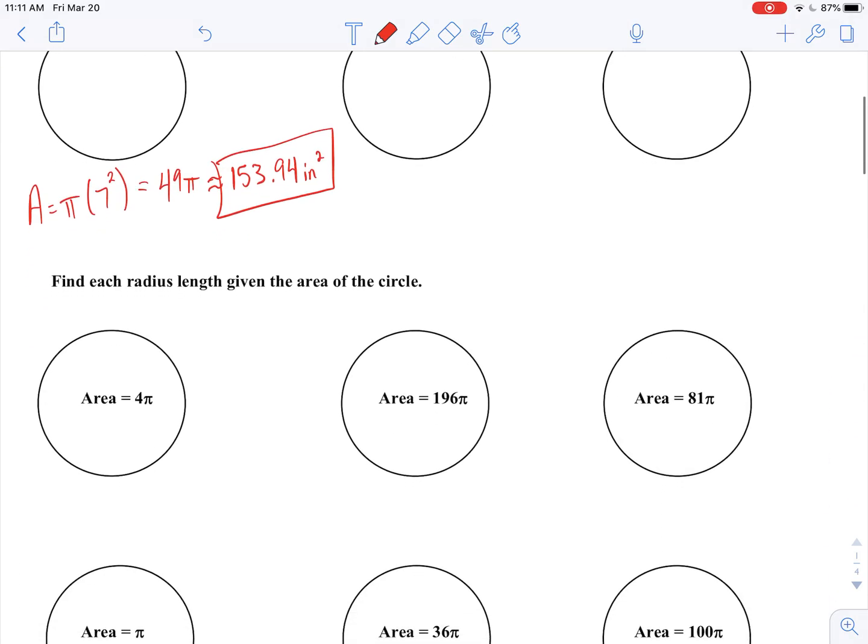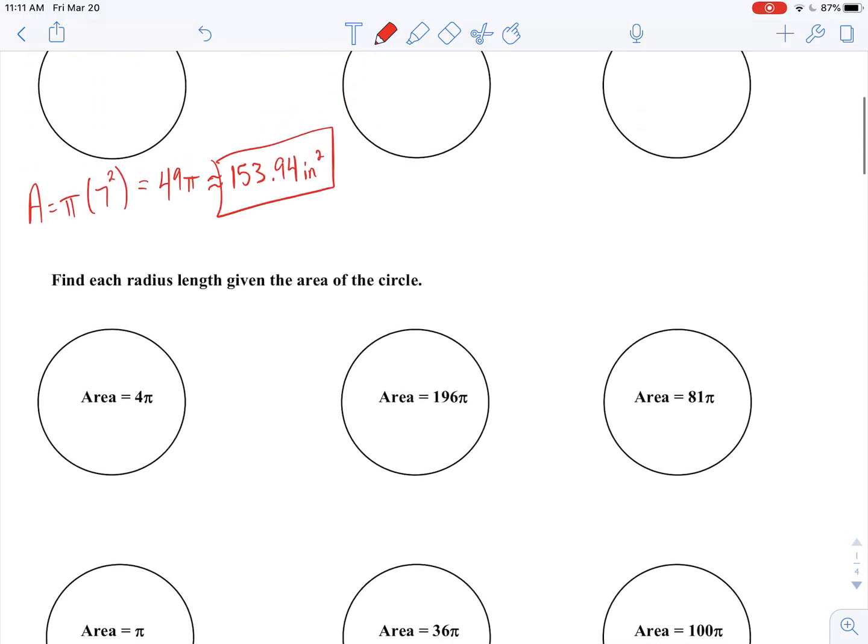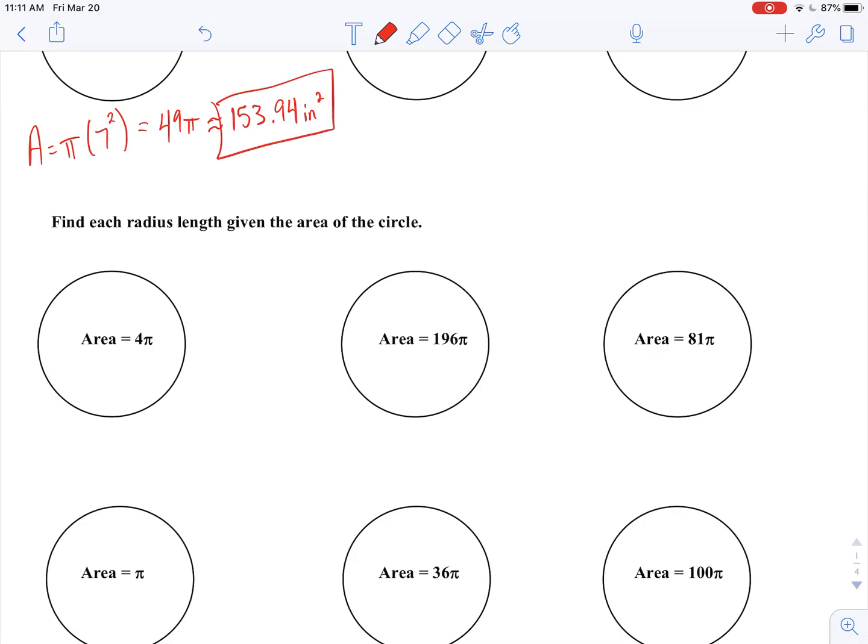So you can try 2 and 3 if you really want to, but let's really focus on finding the radius length given the area. So here, we were given the radius. We substituted 7 in for that radius length. But now using area equals pi times r squared, what am I going to do if I'm given the area?